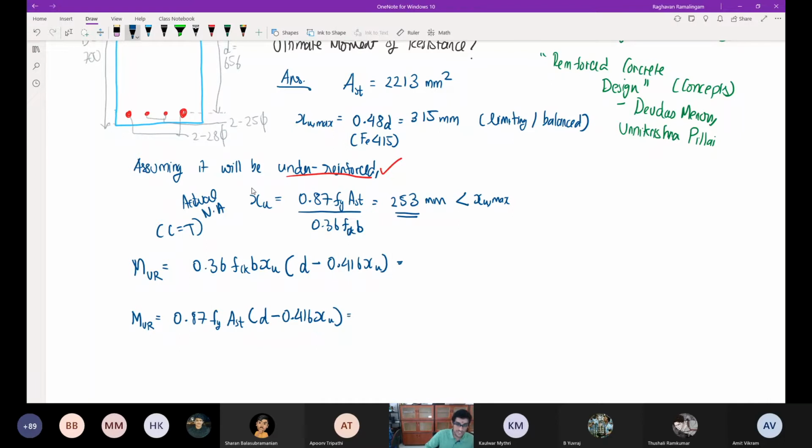Anyway, use both of them and verify that you get more or less the same answer. So what do you get for this one and what do you get for this one? Calculate and tell me. Every single value is known.